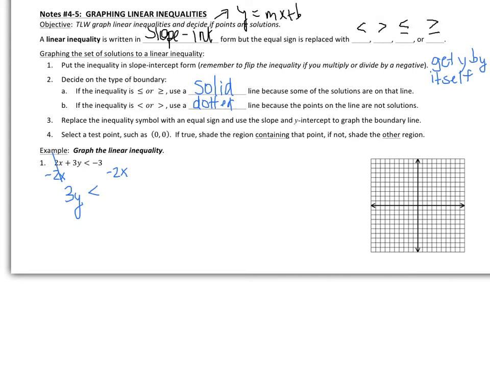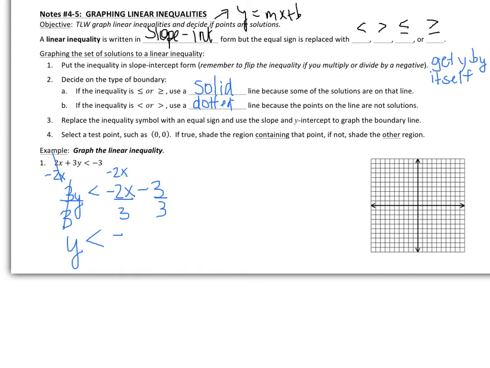Then you always want to put the x value first, so negative 2x and then minus 3. Then we're going to divide both sides by 3. Notice I did not divide by a negative, so I don't need to flip my inequality. If I had divided by a negative number, then I would flip my inequality.